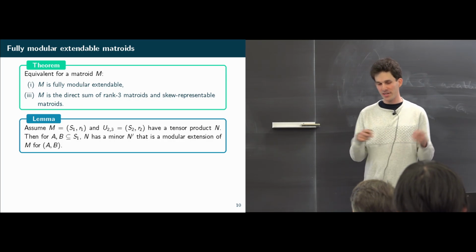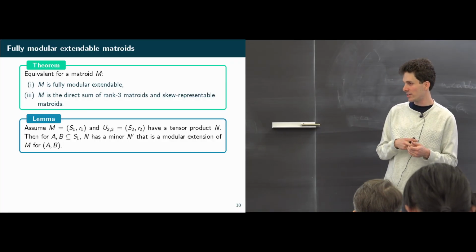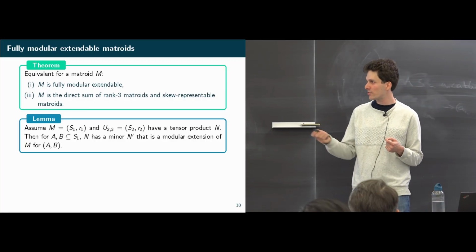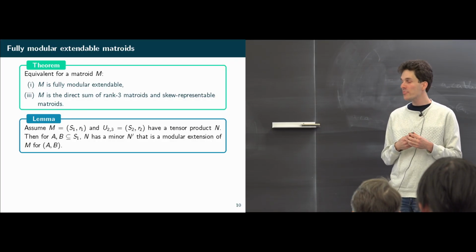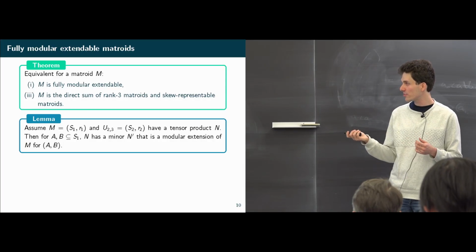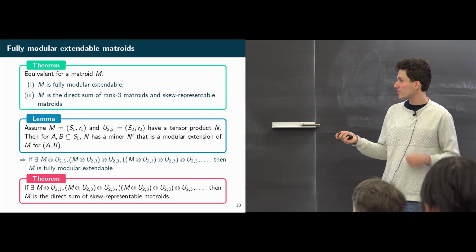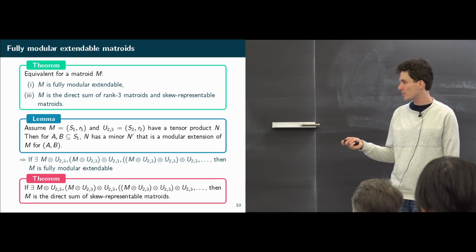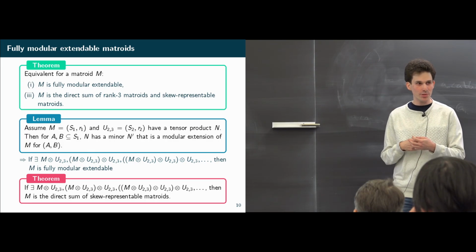Because if we multiply it twice, it will guarantee that we can have a modular extension such that again we can have a modular extension, because by our lemma we can find these extensions in the appropriate minors. So our lemma implies that if this sequence in our main theorem exists, then we are fully modular extendable.